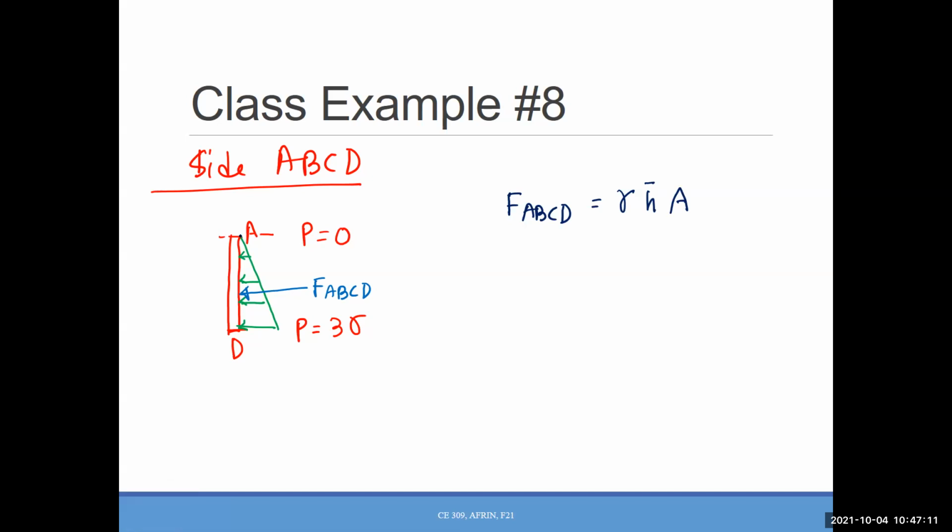So this is the plate. Gamma is again the same. What will be the H prime and what will be the A? You can find that.